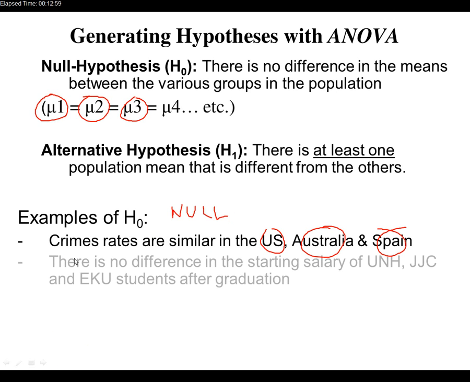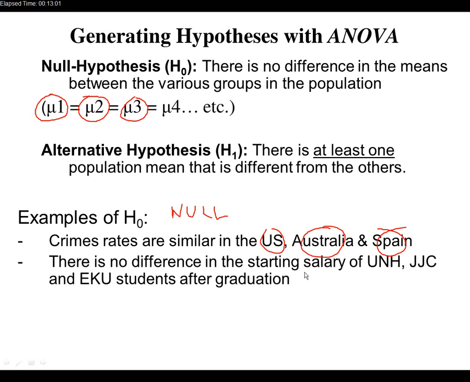And another example is there is no difference in the starting salary of UNH, John Jay College, and Eastern Kentucky University criminal justice students after graduation. Okay, the alternative hypothesis is that one or more of them is going to be different.